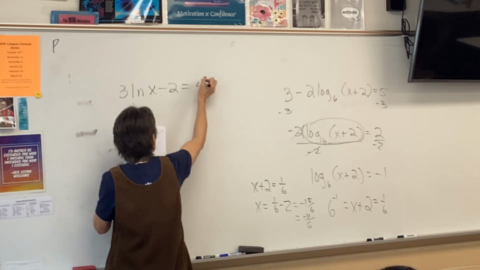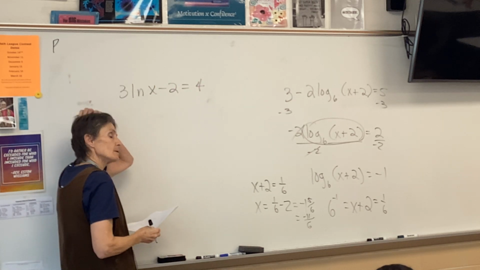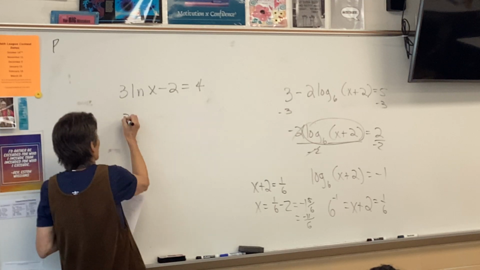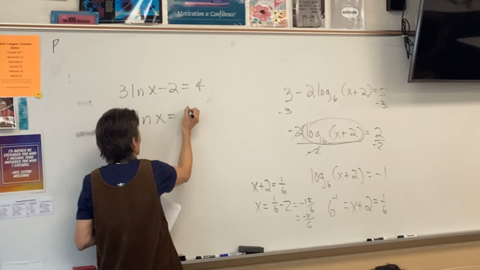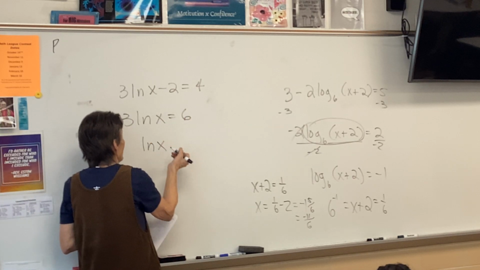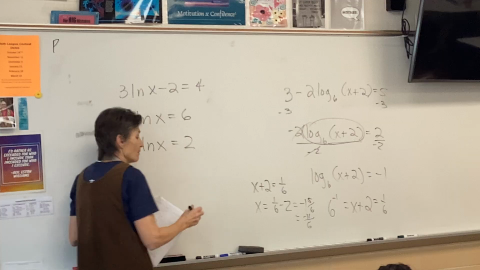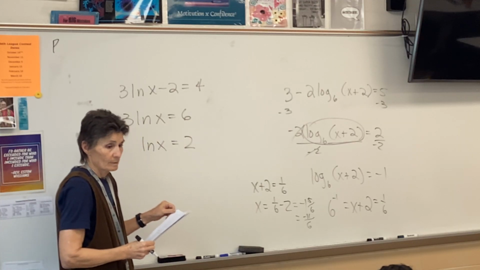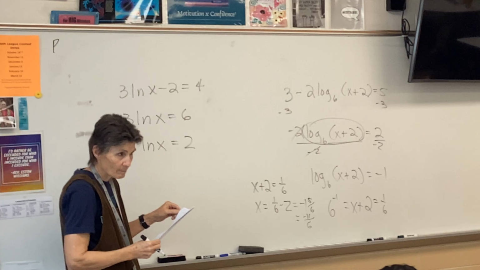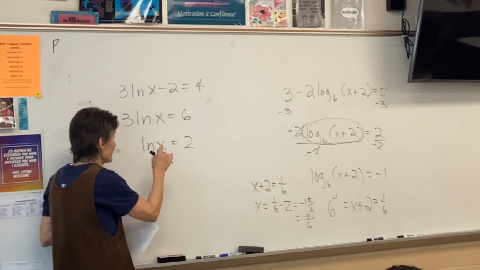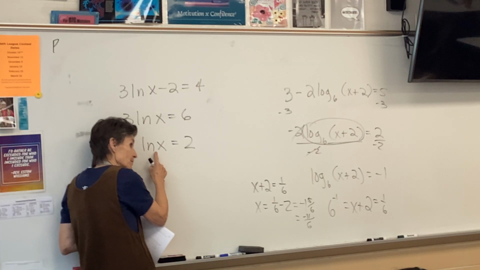This one is exactly the same. Step one, we're going to add 2. Then we'll divide by 3. Everybody good to here? Now what? Loop-de-loo, remembering, what's the base right here? 10.